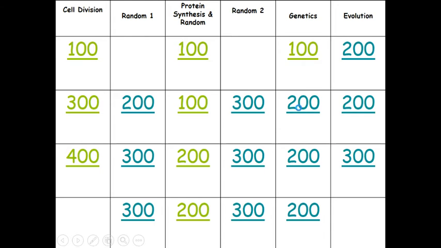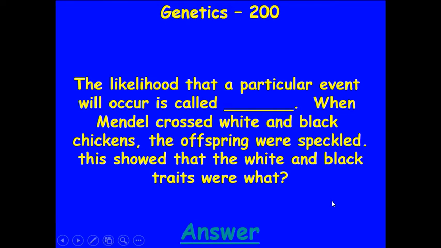All right, here we go. The likelihood that a particular event will occur is called blank. When Mendel crossed white and black chickens, the offspring were speckled. This showed that the white and black traits were what?